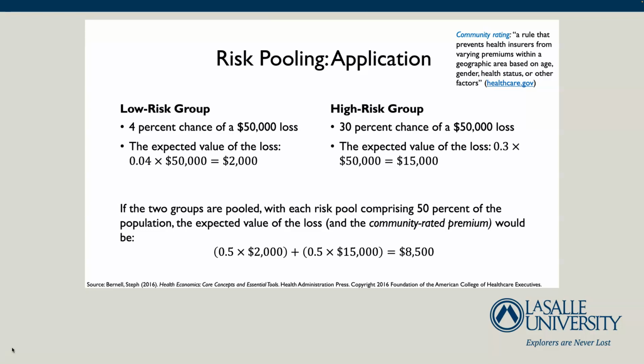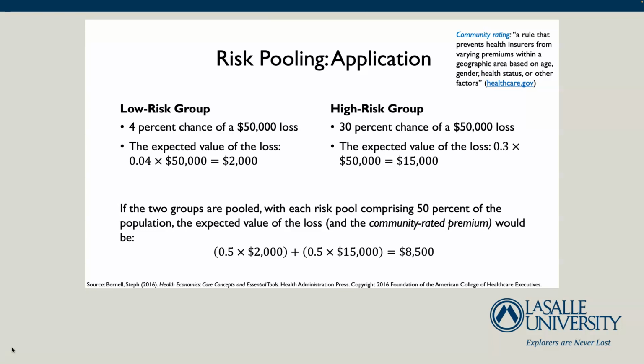Then we would have 50% in the high risk pool with the expected value loss of $15,000. So the expected value of the loss across those two pools would be $8,500. So this would be the premium that would be charged to both individuals in the low risk group and the high risk group under this risk pooling situation.